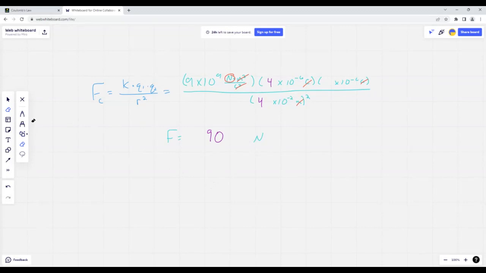Because if I change one of these, so I'll pick a color I haven't used yet, but if I double just this one, then the only change I've done in one place that doesn't have an exponent is I've doubled my answer. And so that made this go from 90 newtons from the original, and if we run that all through a calculator, to 180 newtons. So we can see that it basically doubles, it calculates out, and it works.